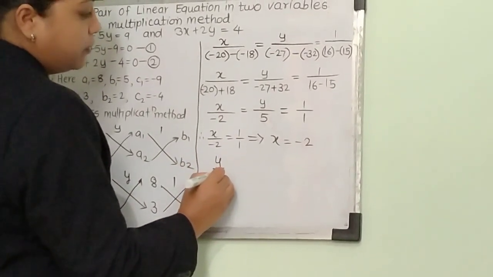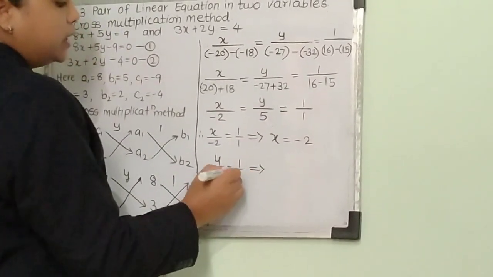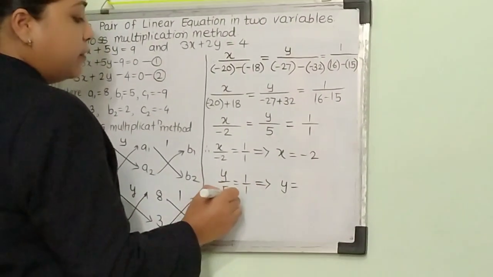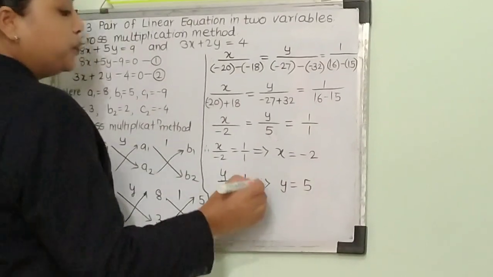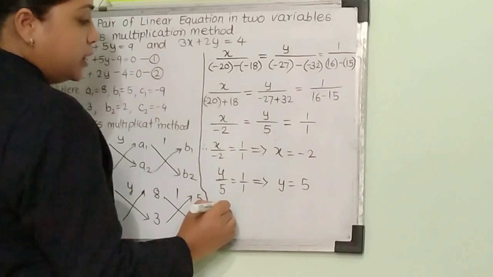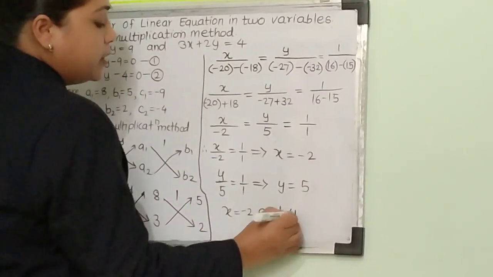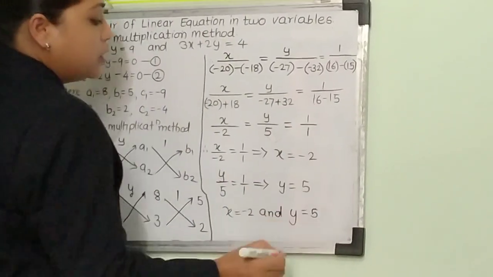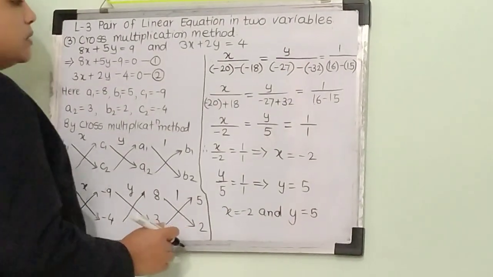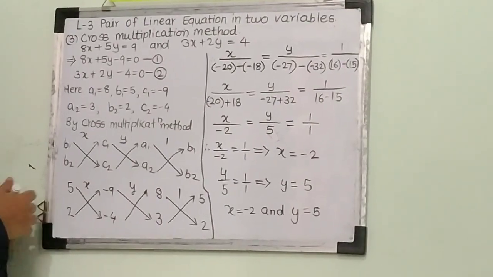And secondly, y upon 5 equals to 1 upon 1, which implies that after cross multiplication, y into 1 will be y and 5 into 1 will be 5. So here x equal to minus 2 and y equal to 5 is the solution of given linear equations by using cross multiplication method. So in this way we can solve the maximum sums by using the cross multiplication method.